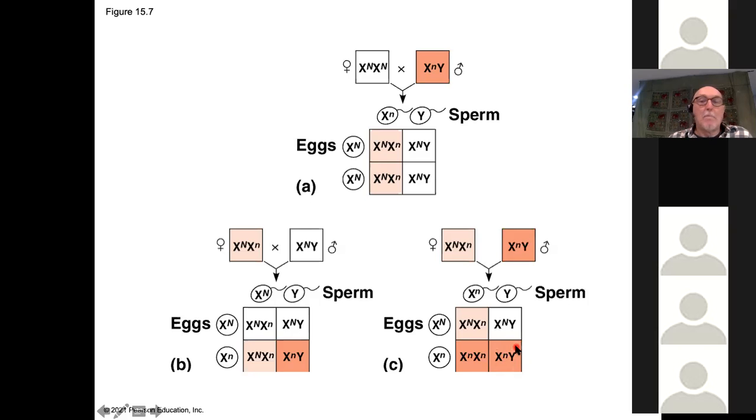But look here. We have little n, X, X. In all of these, we end up with one female who is colorblind.